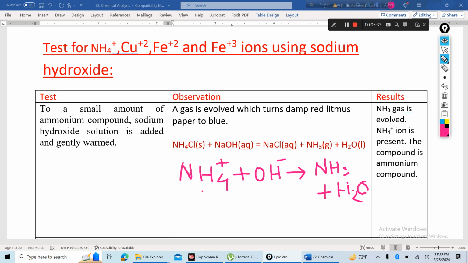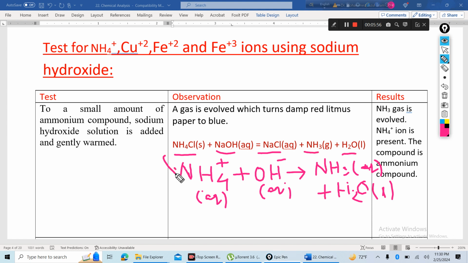You can write aqueous for ammonium and hydroxide, ammonia gas, and water liquid. So ammonium chloride reacts with sodium hydroxide to produce salt, sodium chloride, ammonia and water.